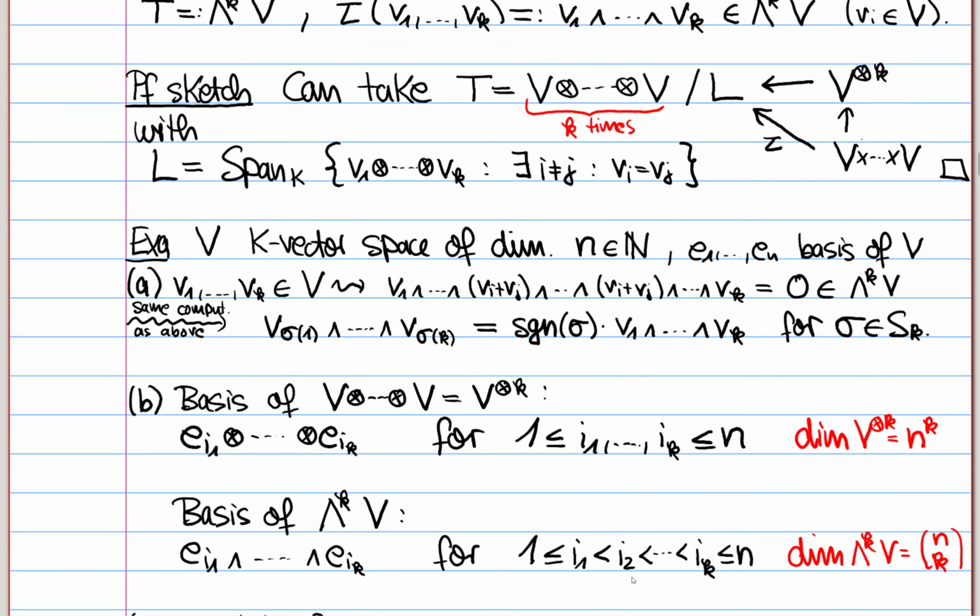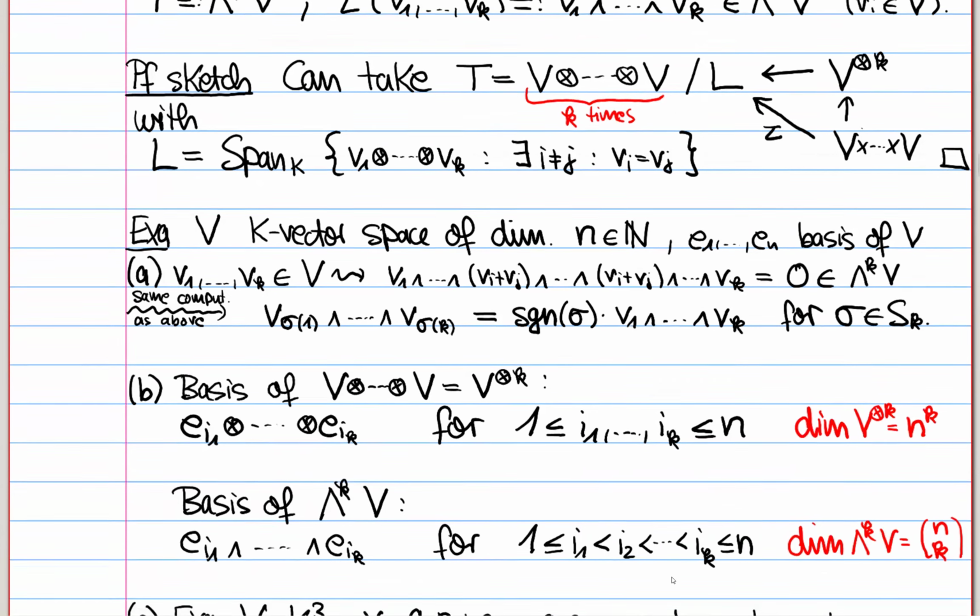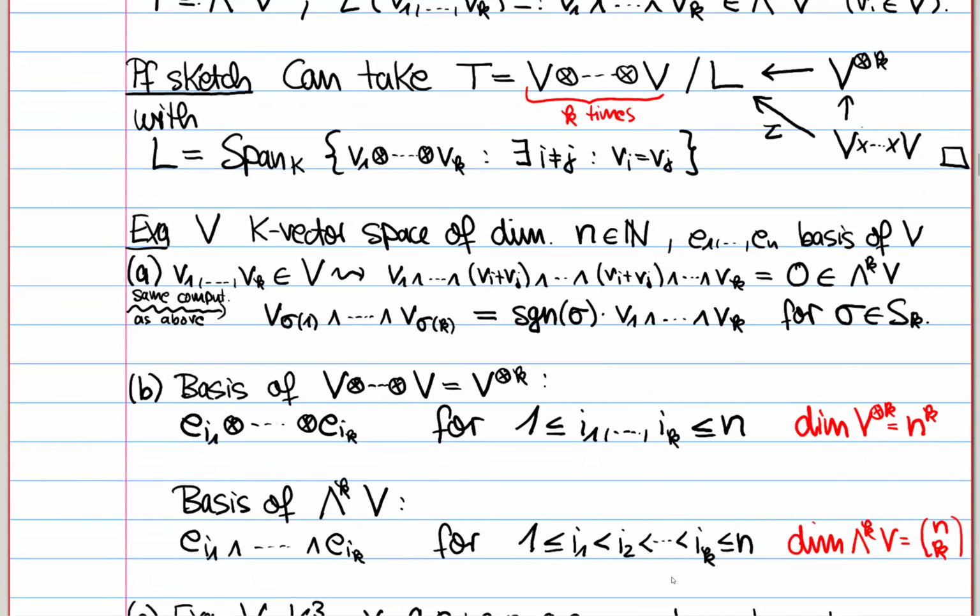And by insisting that these indices increase, we have made sure that we don't have any linear dependence between them left. And you can check then that in fact these are linearly independent. So these give a basis of this alternating tensor product.